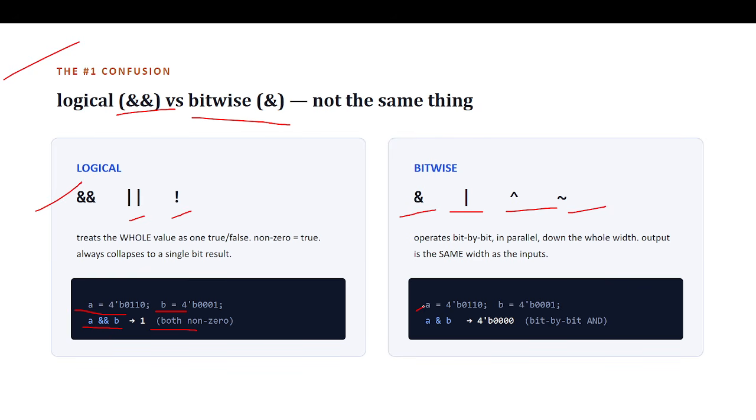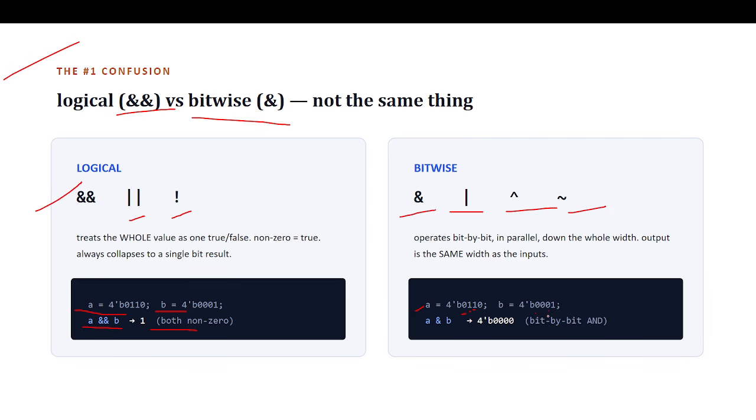Same A equals 4'b0110, B equals 4'b0001. Now compare this, A & B. This is a bitwise AND. Verilog compares bit by bit. Bit 3 of A is 0, bit 3 of B is 0. You can see 0, 0. Here 1, 0.